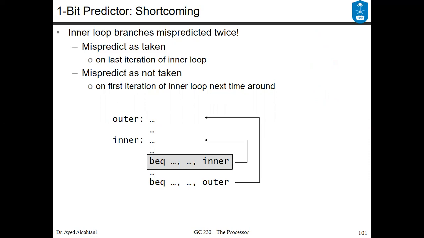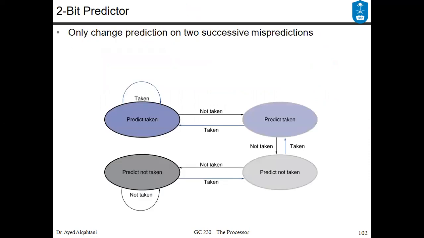One way to rectify this is by using the 2-bit predictor, where you only change the prediction after 2 successive mispredictions. And this is the state machine for it. This is the predict taken, and the other one is also predict taken, but to show the difference, this is a strong predict taken, and this is a weak predict taken.